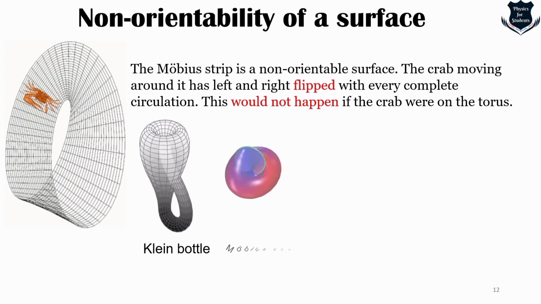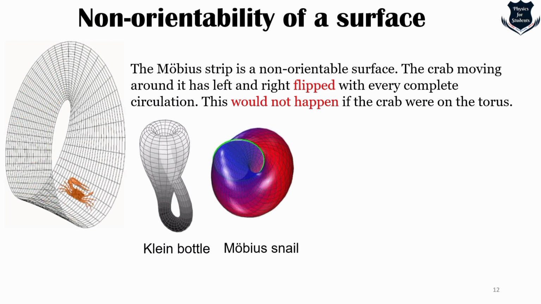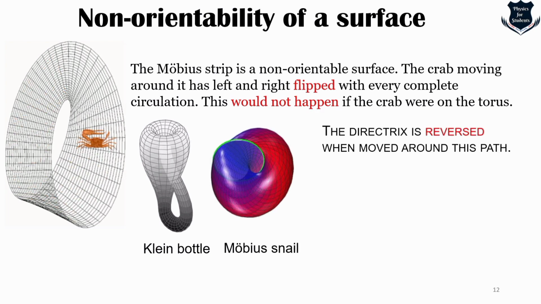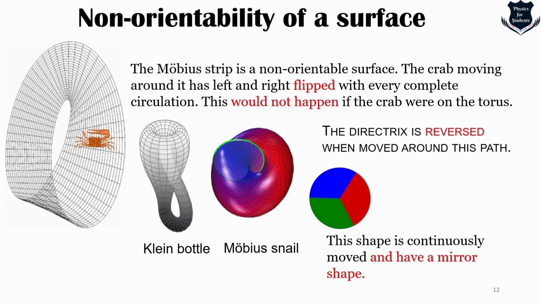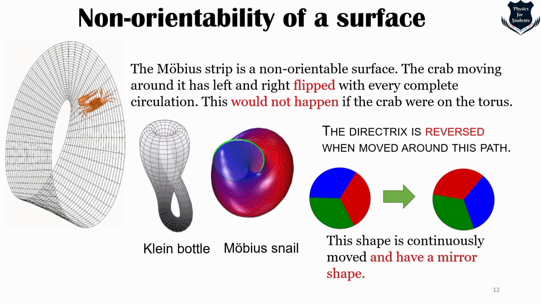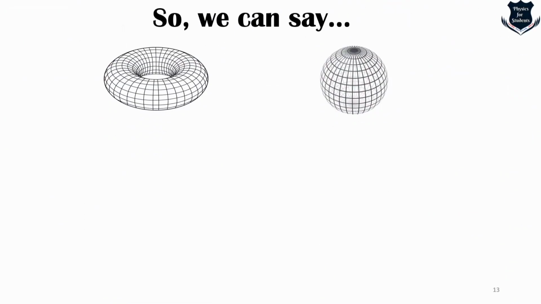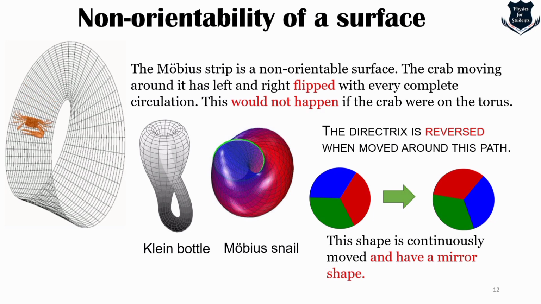So the Klein bottle is also a non-orientable surface. So is the Mobius strip. So remember this, the directrix is reversed when moved around this path. If I now put this shape and continuously move it around a non-orientable surface, then it has a mirror shape. That is why it is called a non-orientable surface.